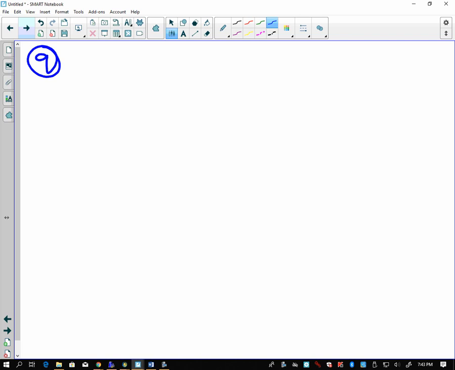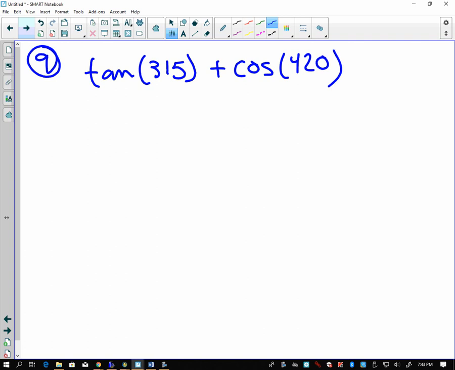So what we're going to reduce this to is, we replace h with tan, so tan 315 degrees plus k, and k is cosine now, cosine 420 degrees. All right, 315 degrees. It's going to go all the way around and be short. What is that, 45 degrees?